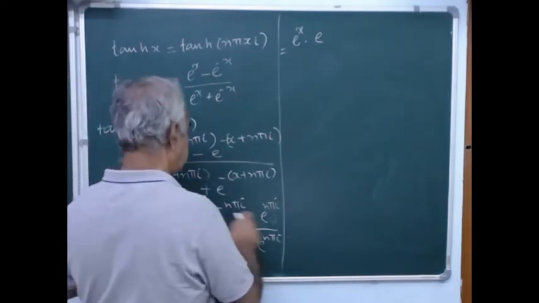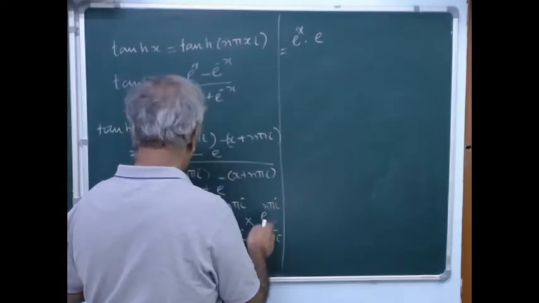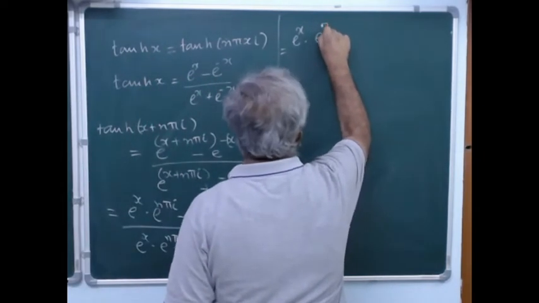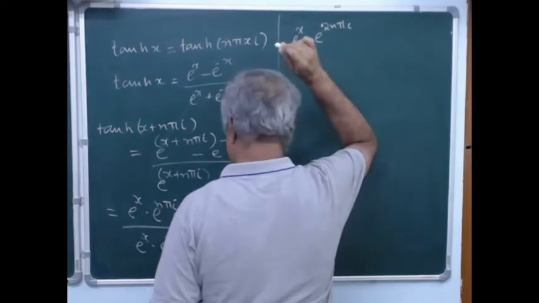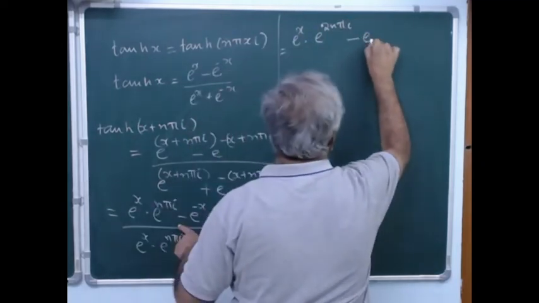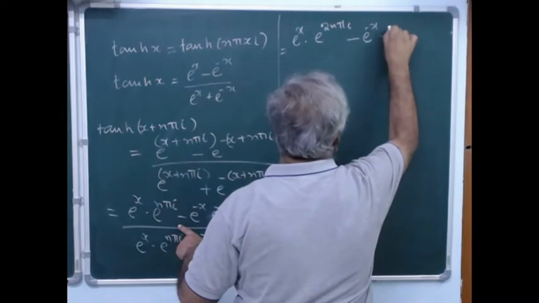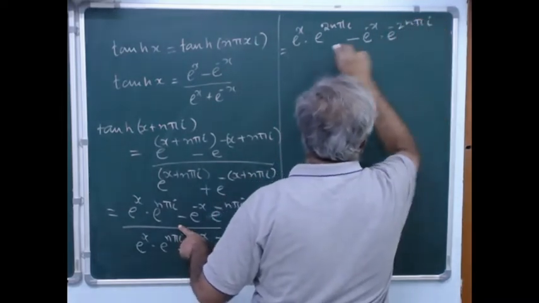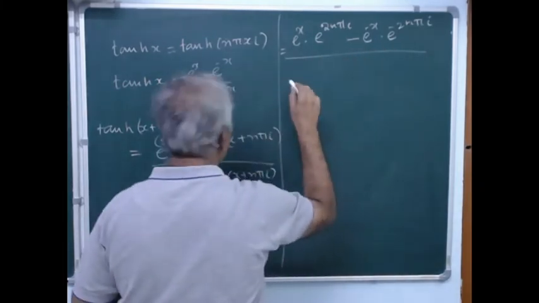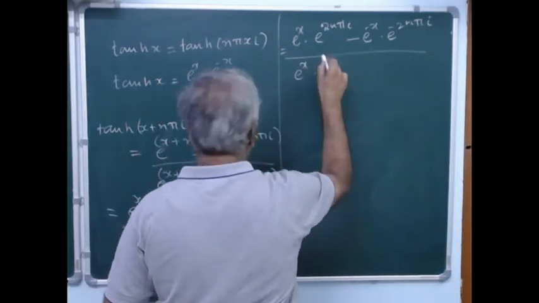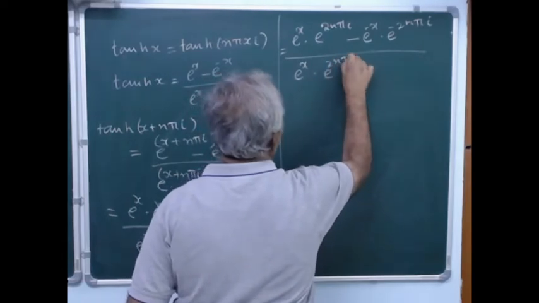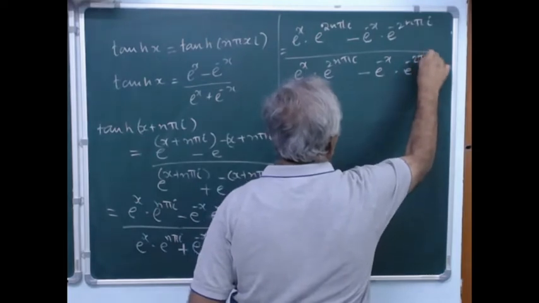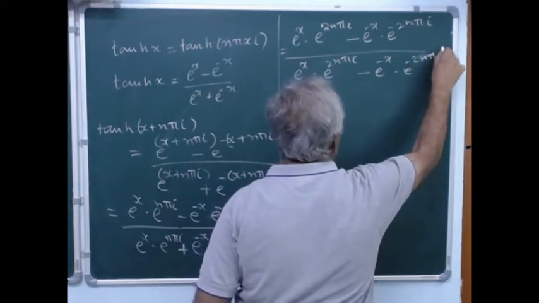That is a power m into a power n is equal to a power m plus n, and here 2n pi i, and then minus e power minus x into e power minus 2n pi i whole divided by e power x into e power 2n pi i minus e power minus x into e power minus 2n pi i.